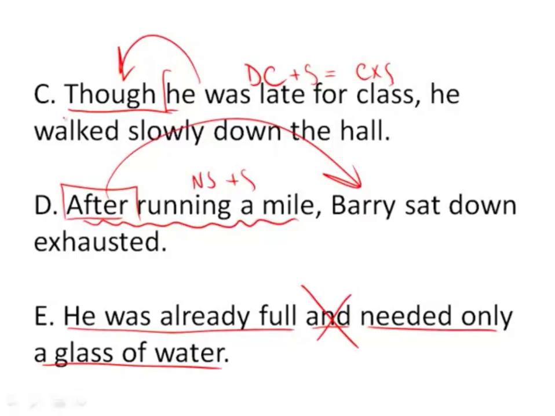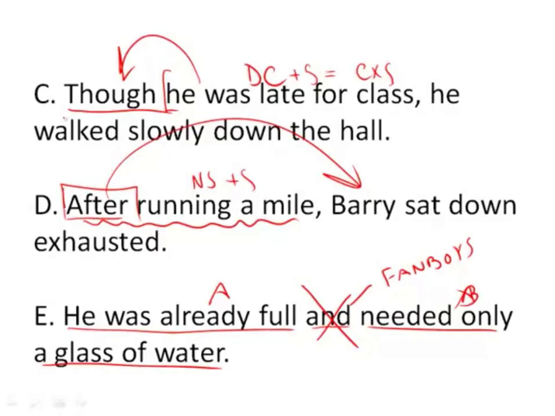In the lesson on compound sentences, we'll see that the conjunctions, also known as the fanboys, if you don't know what I'm talking about, you can go to the video on that, will create compound sentences. But just because you have an and here, and he is either A or he is A and B, two things, already full and needed a glass of water, oops, that's B, that doesn't mean that you have a complex sentence.